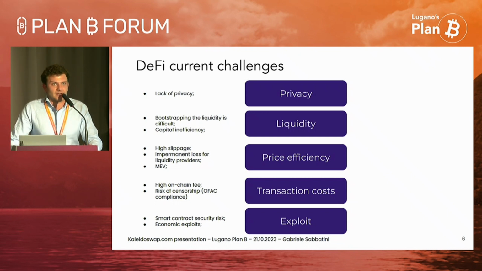And lastly, I think everyone knows that there were a lot of rug pulls and exploits on DeFi on EVM-like blockchains, both because of the smart contract risk, since the liquidity is in the smart contract, in the liquidity pool, and also economic exploits because of the pricing logic embedded directly in the smart contract.